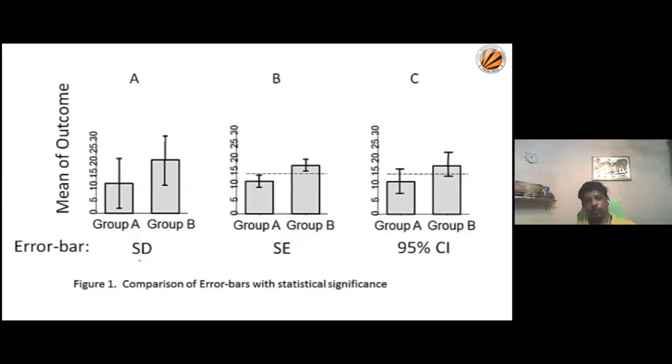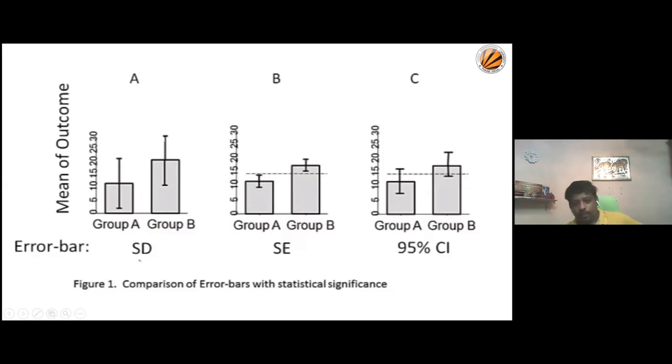We always observe some changes, some important things. It's the error bar. We often observe error bars in grouping. For the error bar, they use the standard deviation, standard error, or the 95% confidence interval.